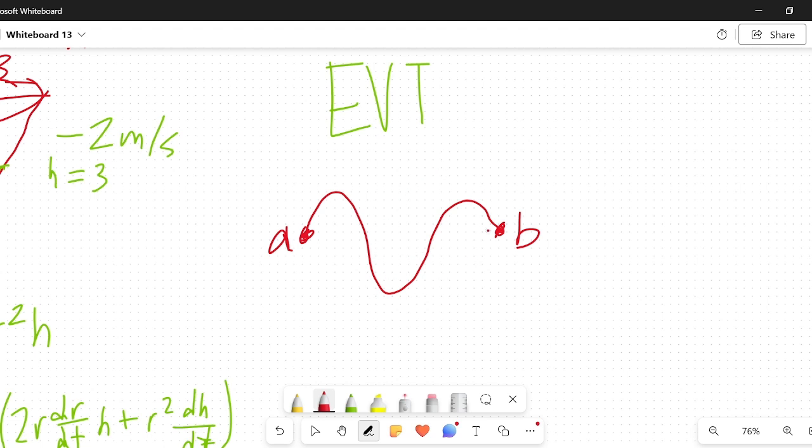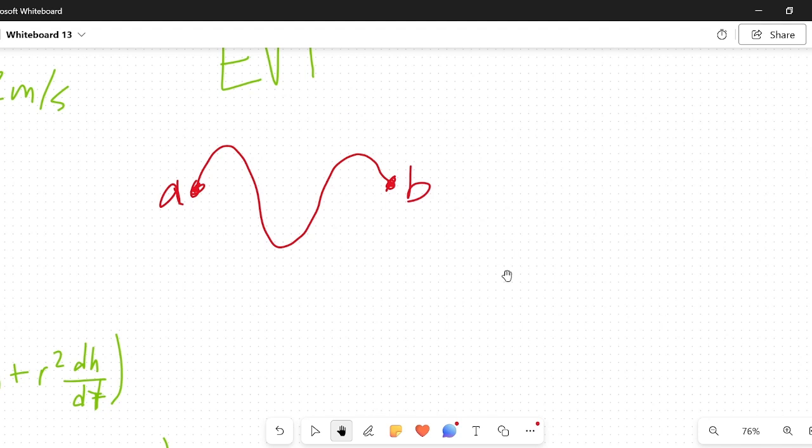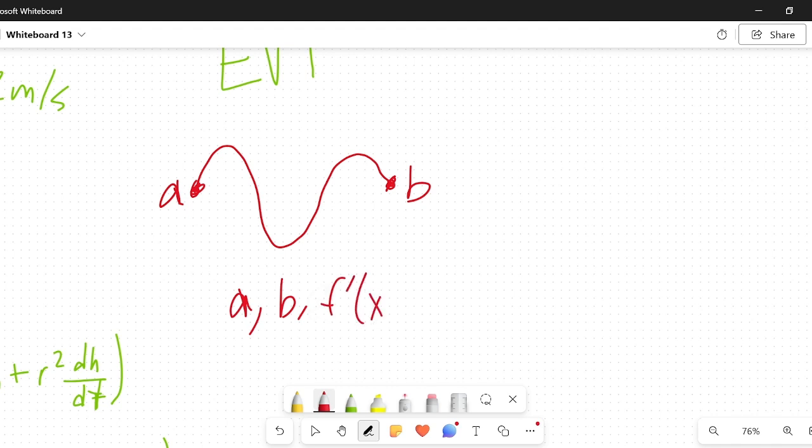And these local minimums and local maximums are either at a or b, and these are what we call the critical numbers, right? So they're either a or b, or they're where the derivative of f of x is equal to 0.